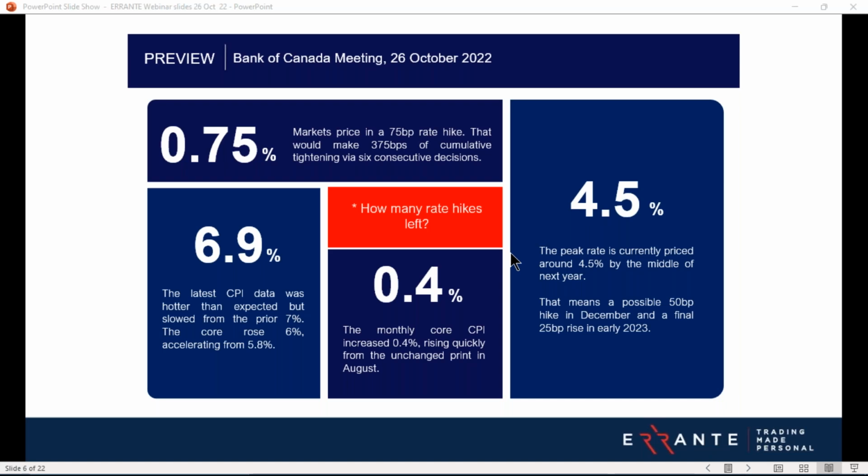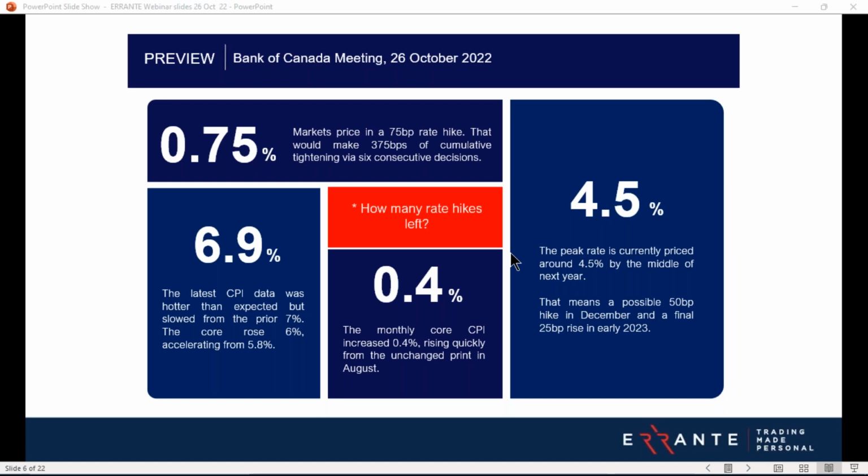We've seen and heard enough of late from Bank of Canada officials, especially after that CPI data still being elevated. So markets really expect another oversized tightening move of 75 basis points. Interestingly, analysts are kind of torn between a 50 and a 75 basis point move.